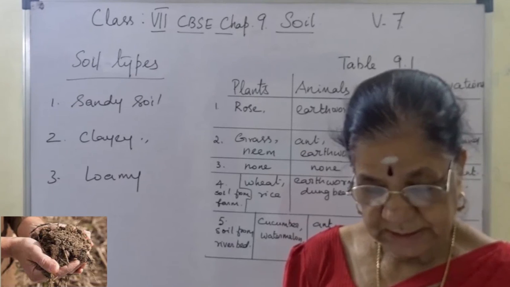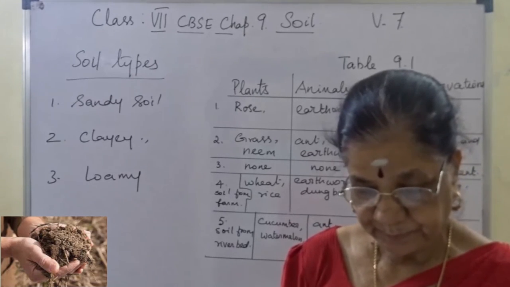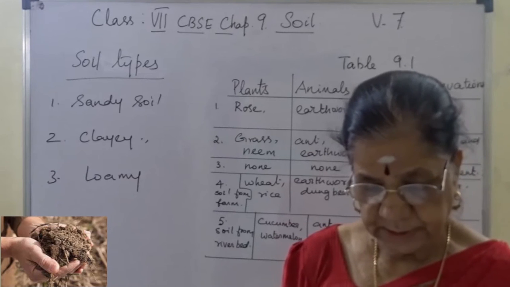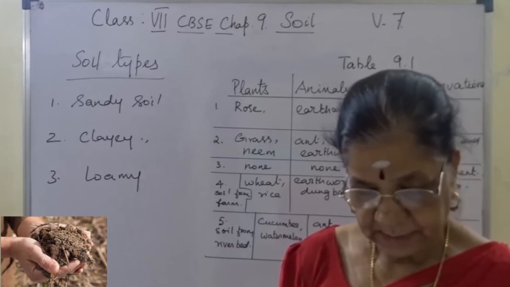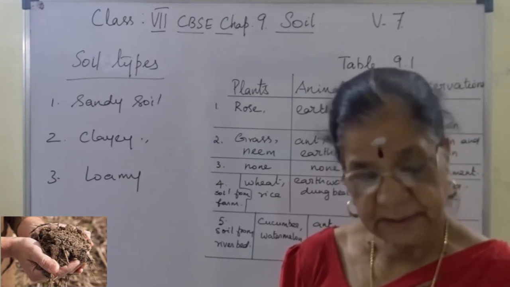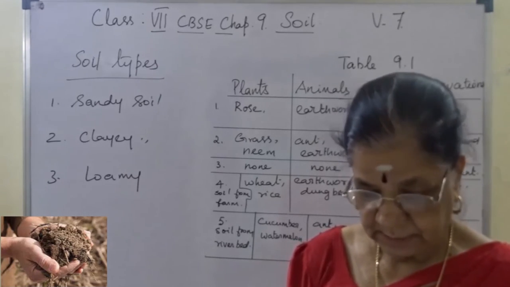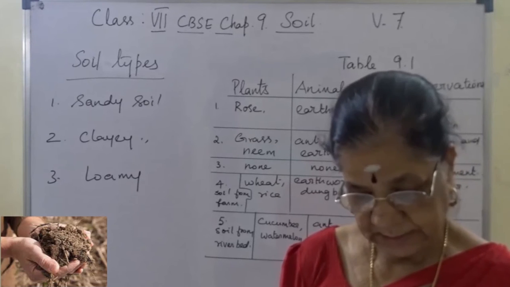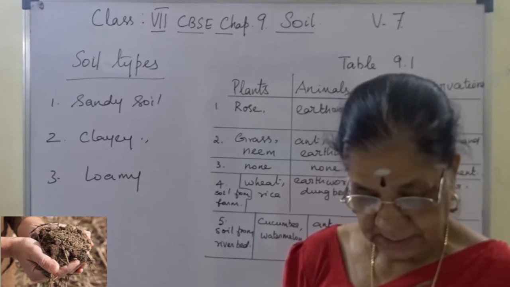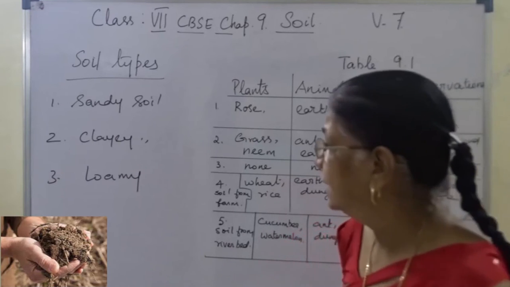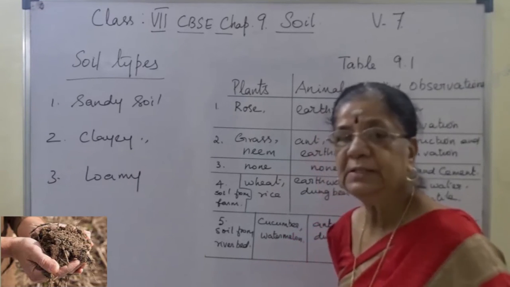If the proportion of fine particles is relatively higher, then it is called clayey soil. If the amount of large and fine particles is balanced, then it is loamy soil. So actually it is classified as sandy, clayey and loamy soil.